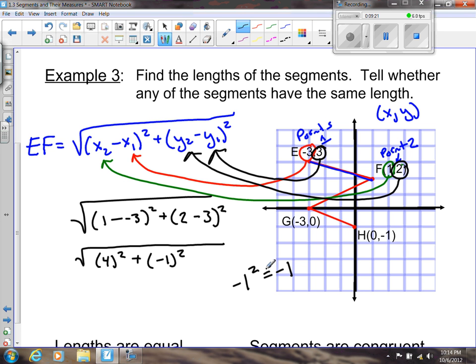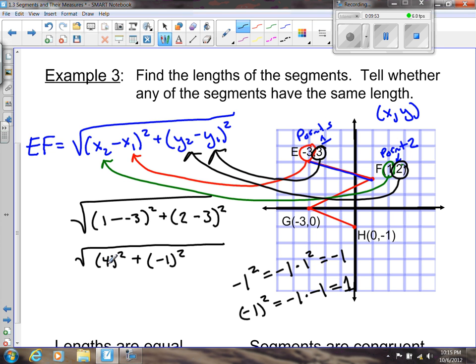You want to put it in your calculator in parentheses, because here the calculator thinks of this as more like -1 times a 1 squared, which is -1. You want the calculator to think -1 times -1, which is +1. This is what we want. We want a +1 there.